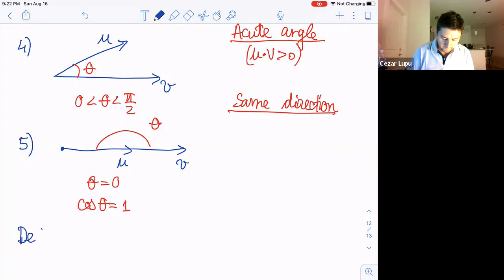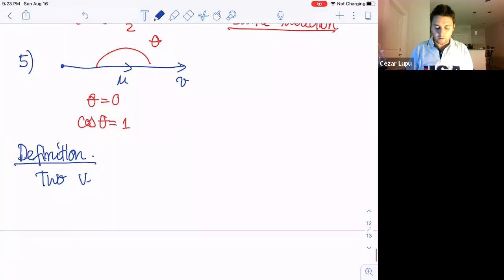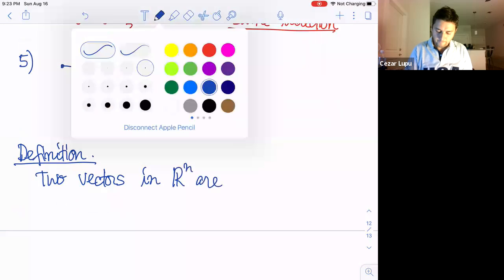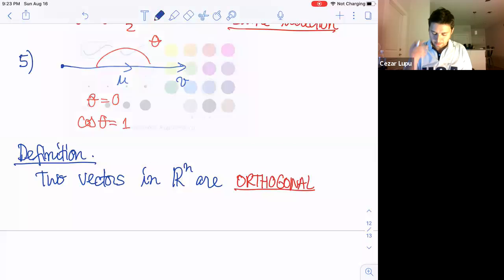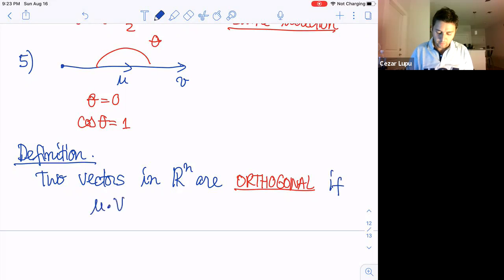So, definition: two vectors in Rn are orthogonal if the dot product u dot v is 0.